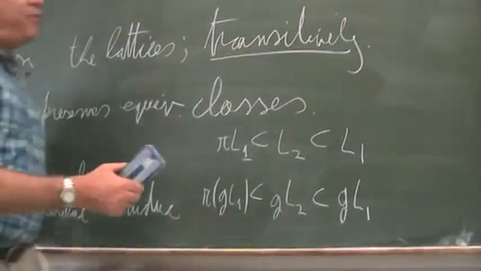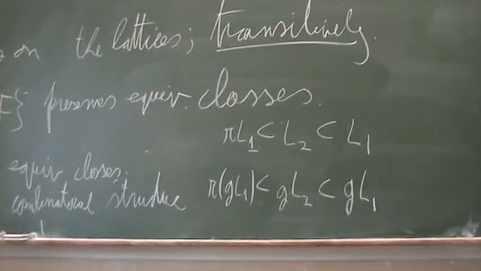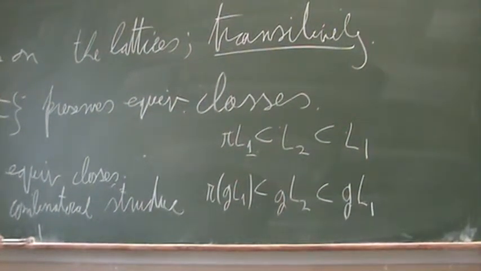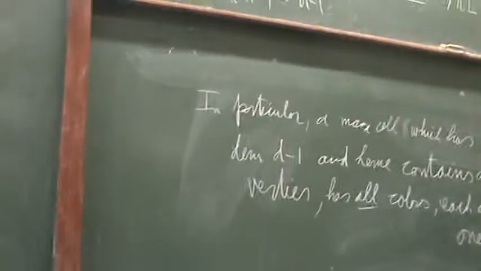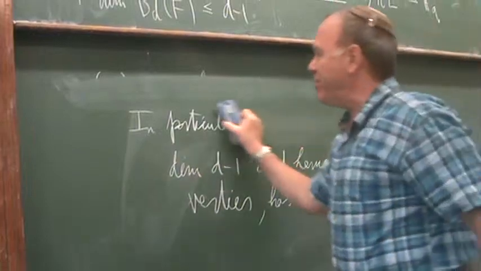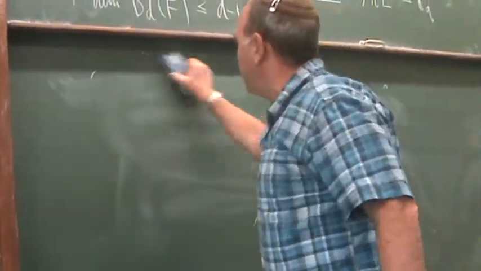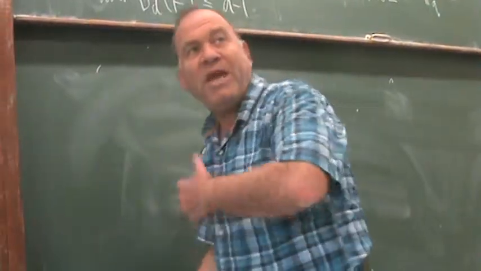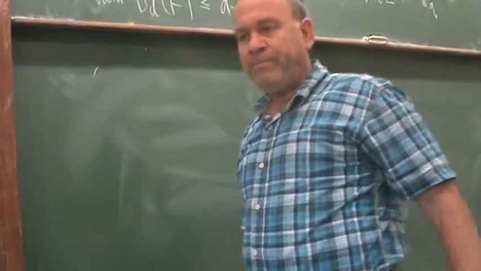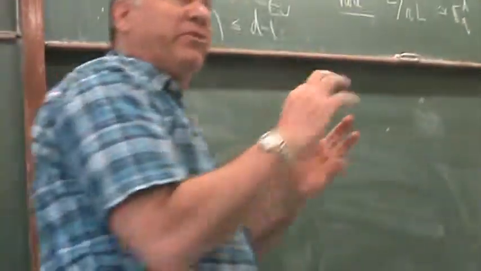The important thing from our point of view is that the building is very symmetric, in the sense that what you see in a neighborhood of one vertex is what you see in every other vertex. So we have a transitive action which preserves everything, so that everything looks the same.